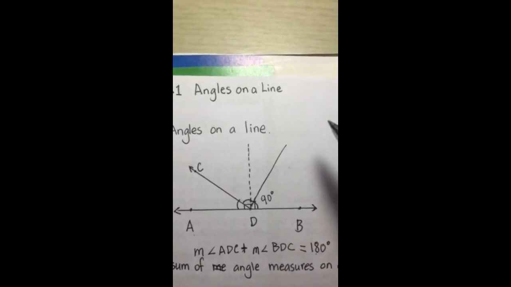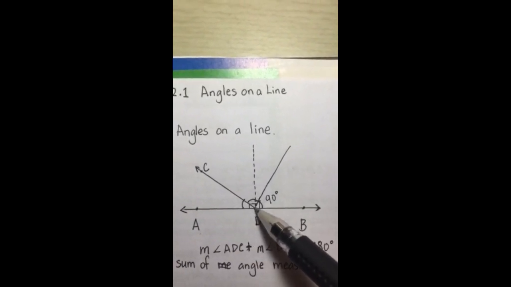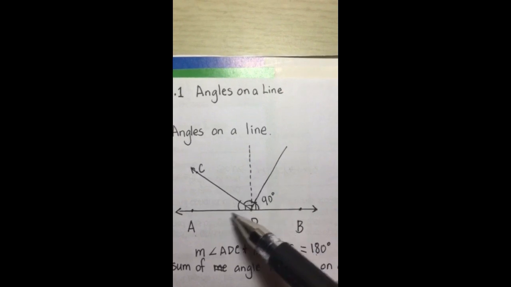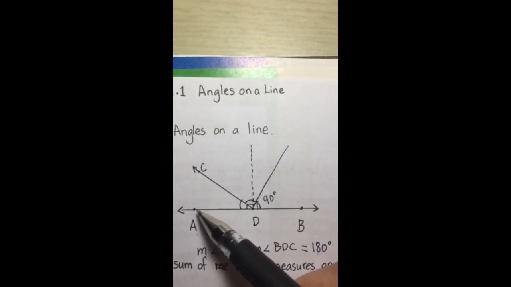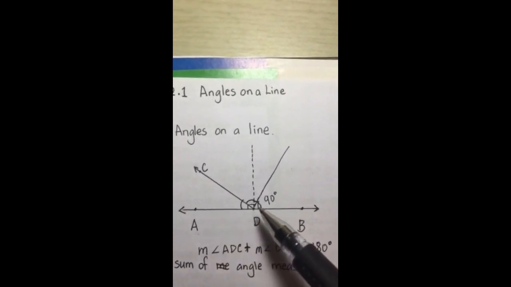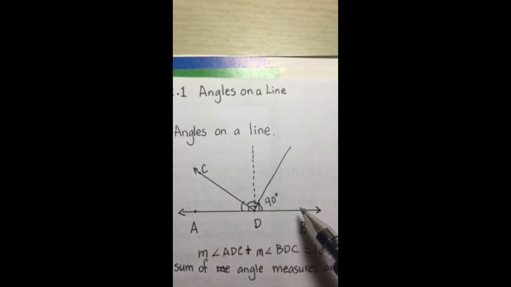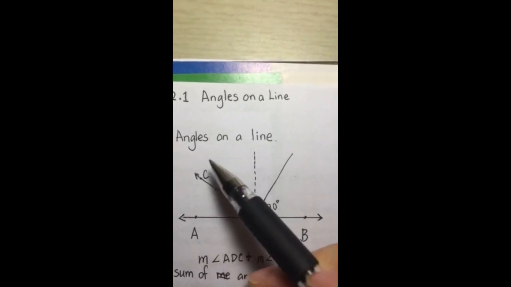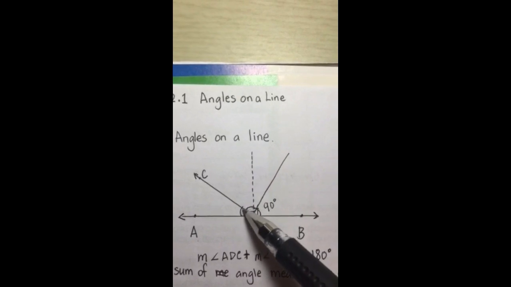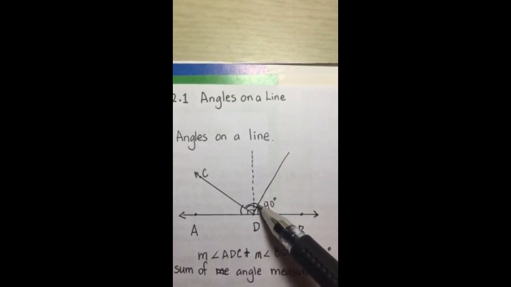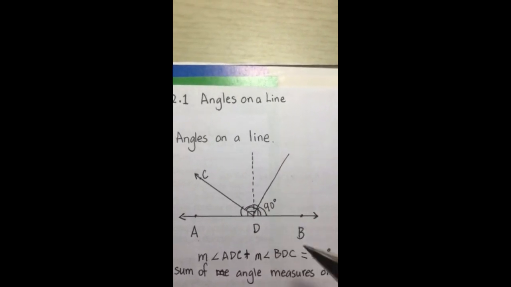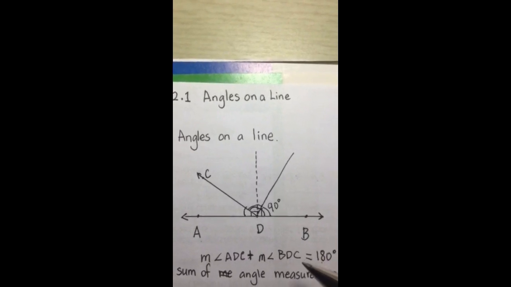Even when you have more angles, if they share a point, the vertex, and their sides make a straight line, they are still called angles on a line because the sum of all of them still makes 180 degrees.